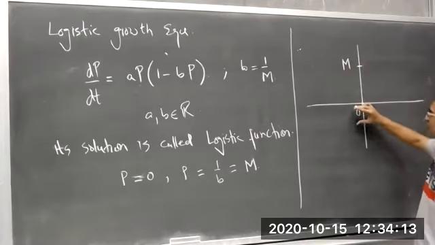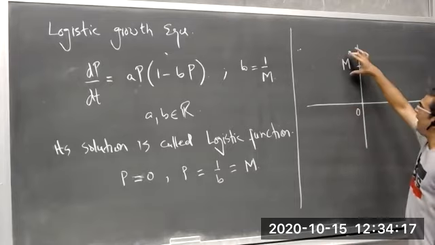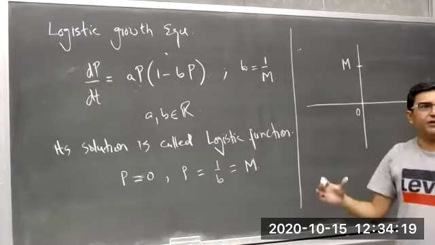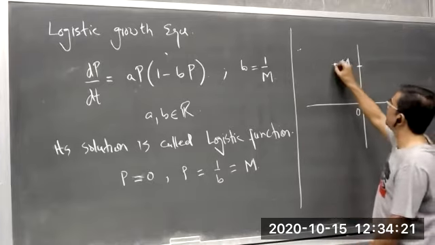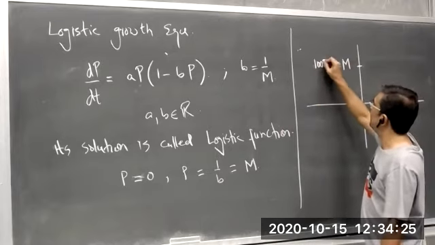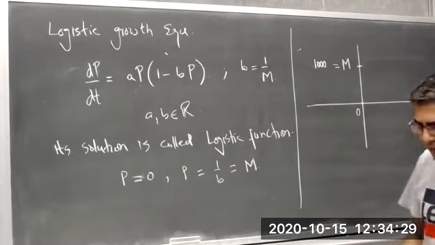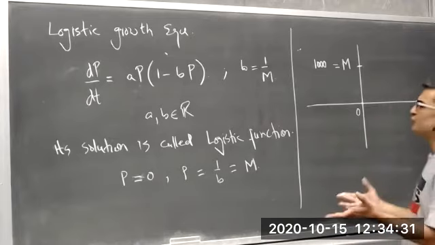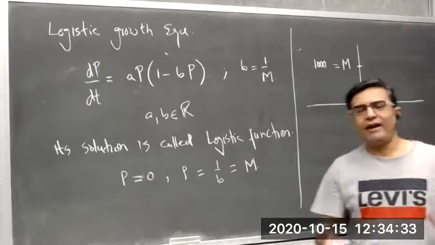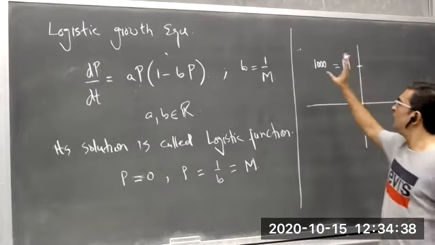Now 0 is the zero population, and m is the maximum population. The maximum population in this example is 1,000. There are only 1,000 students on a campus. So the maximum number of students who might be infected with that coronavirus will be 1,000.